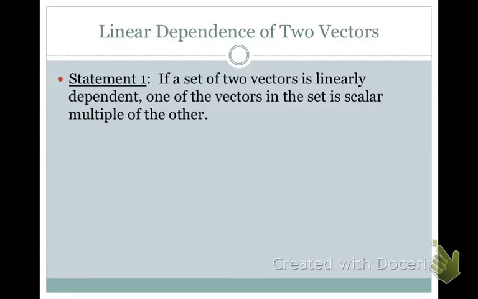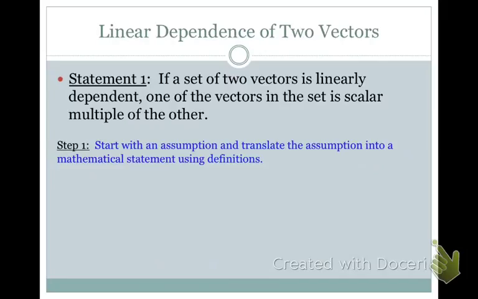We're going to start by proving statement 1, and we're going to employ the technique that we had previously to prove it. It says, if a set of two vectors is linearly dependent, one of the vectors in the set is a scalar multiple of the other. So from step 1, we want to start with some assumption and translate that assumption into a mathematical statement.